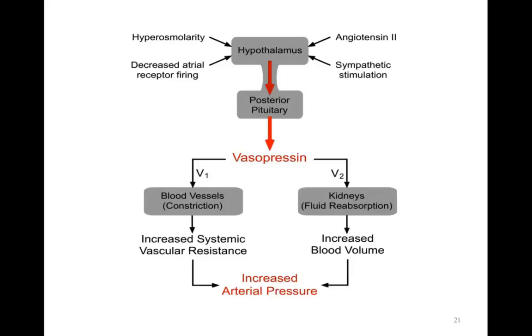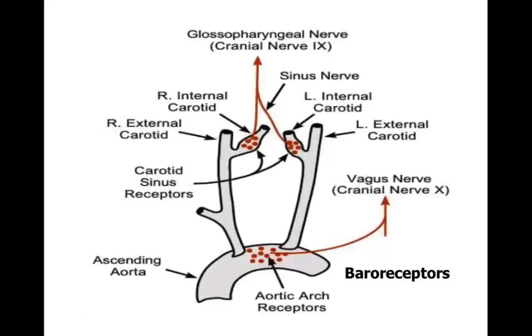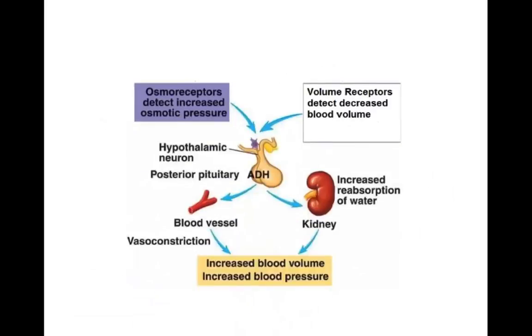Vasopressin 1 is secreted when the arterial blood pressure drops, or as we call it, a state of hypotension, detected by baroreceptors, as you know, right? It acts on V1 receptors found in the walls of the systemic blood vessels, causing them to constrict, increasing the systemic vascular resistance, and finally increasing the arterial blood pressure.